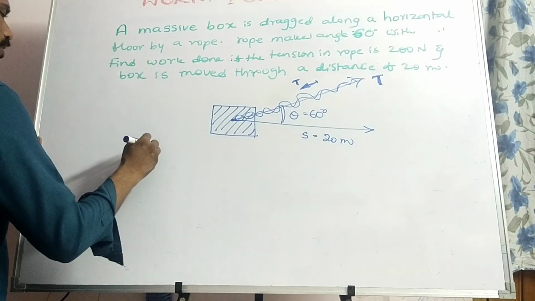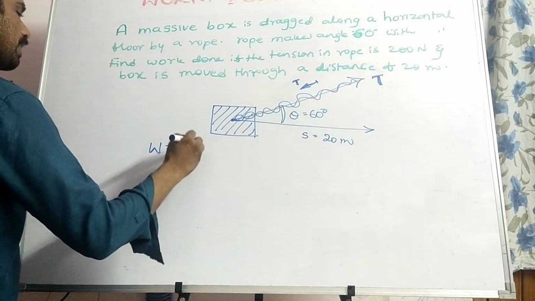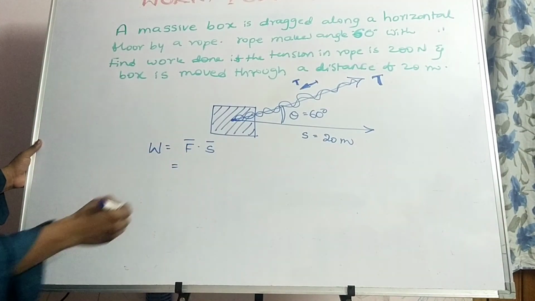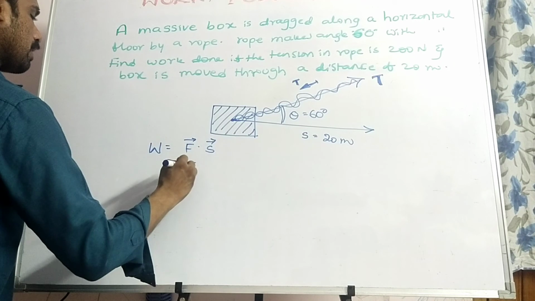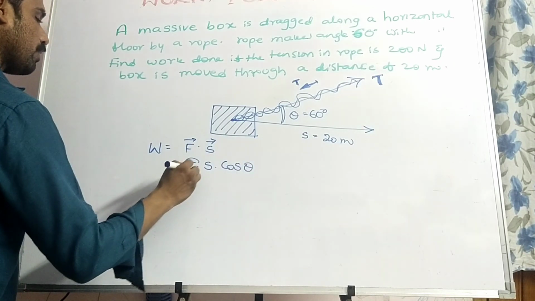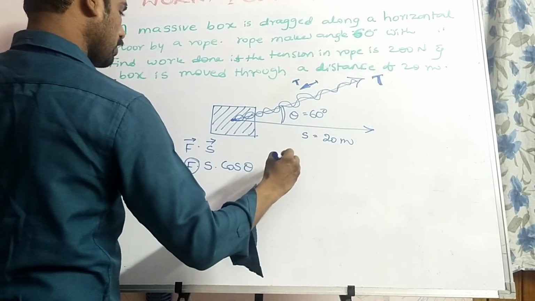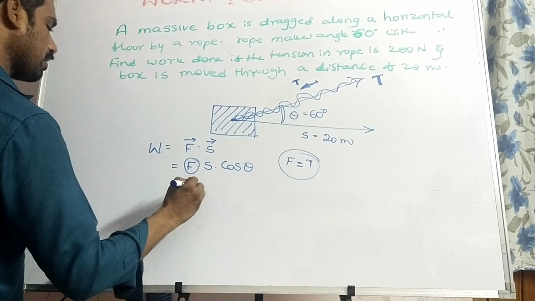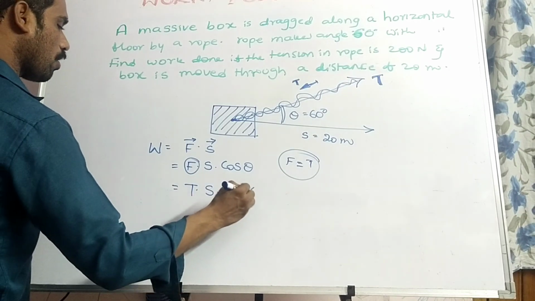Work done W is equal to F bar dot S bar, that is F S cos theta. But here instead of force, tension is given. So that is replaced by tension T into S into cos 60 degree.